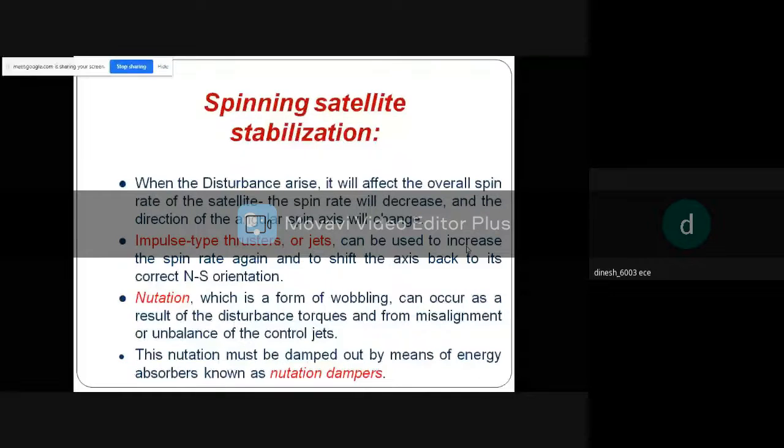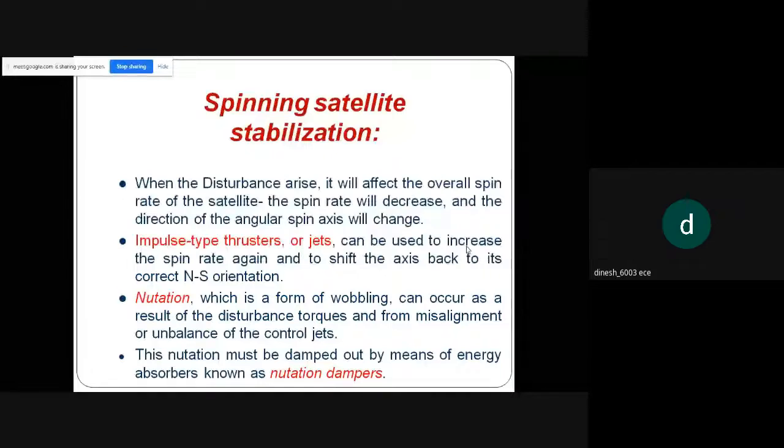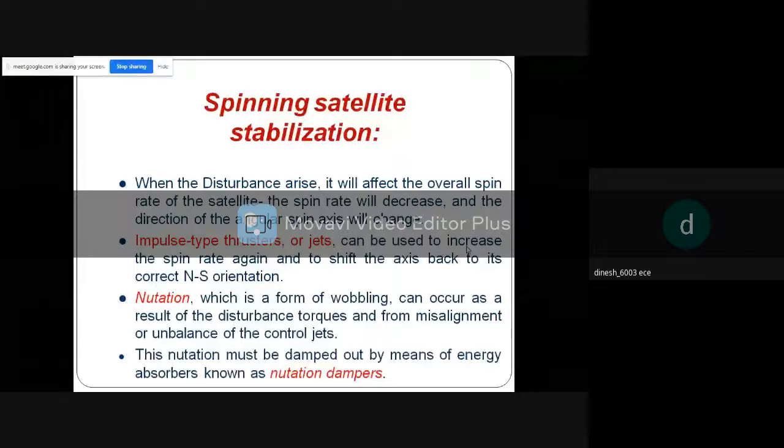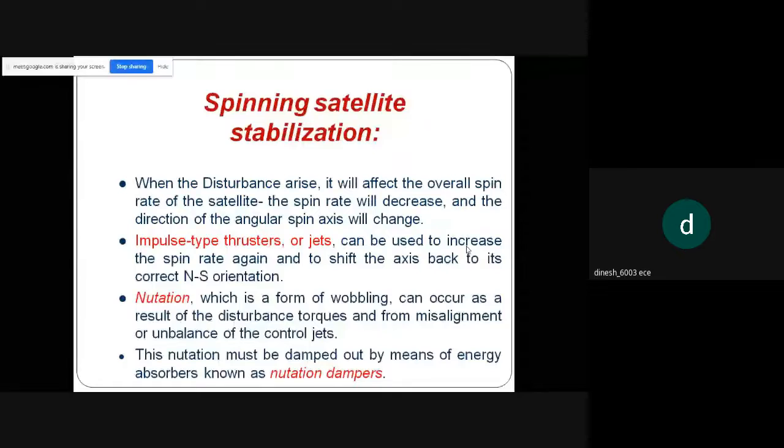These disturbances, external or internal, will cause misalignment of even the control jets, which is a form of wobbling called nutation. This is subdued by using appropriate energy absorbers called nutation dampers in spinning satellite stabilization.